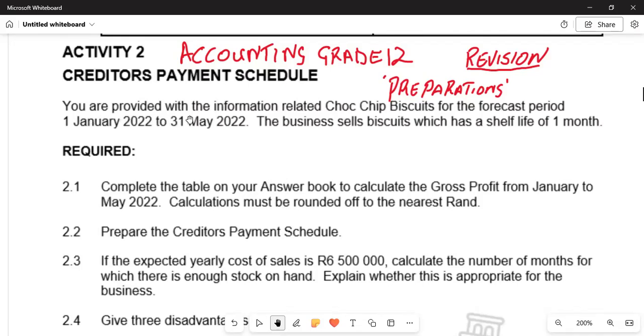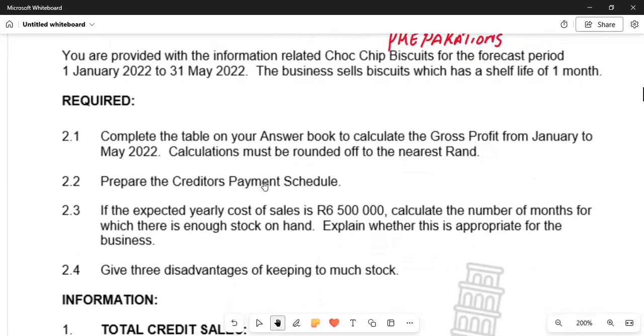You are provided with the information related to chalk chip biscuits for the forecast period from 1 January 2022 to 31 May 2022. The business sells biscuits which has a shelf life of 1 month. We are required now: 2.1, complete the table on your answer book to calculate the gross profit from January to May 2022.